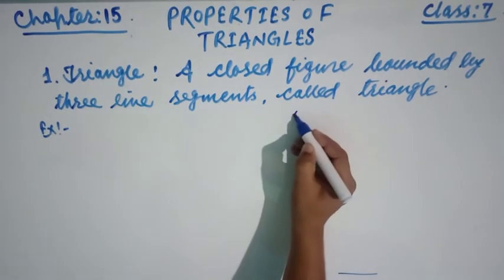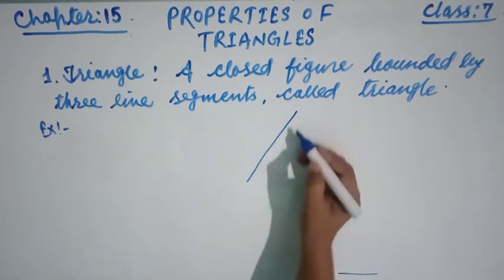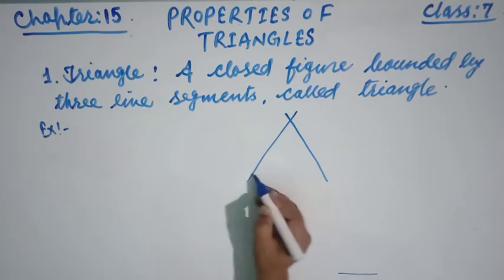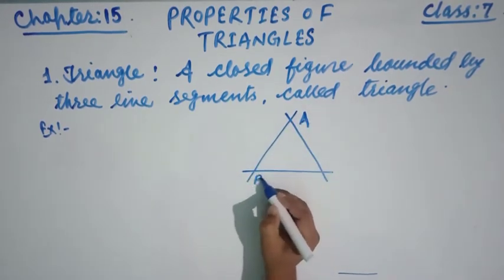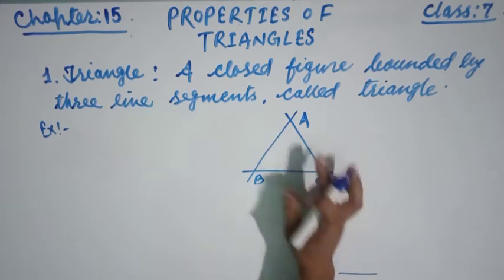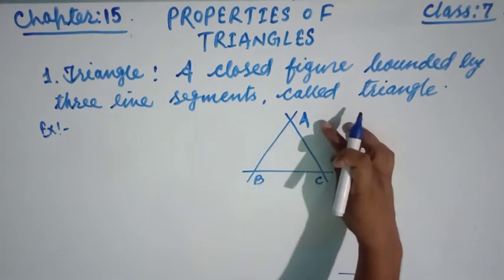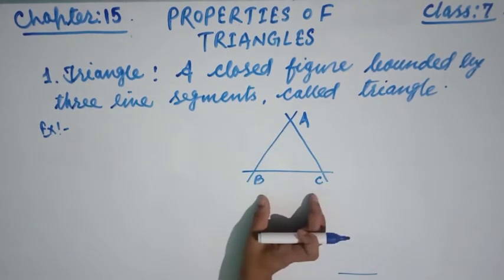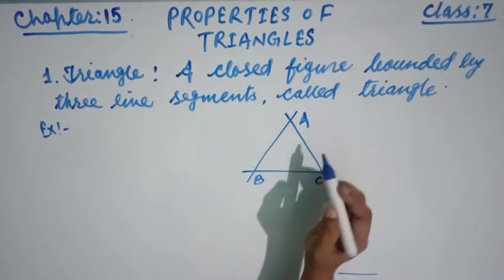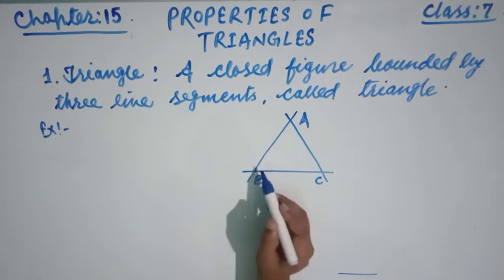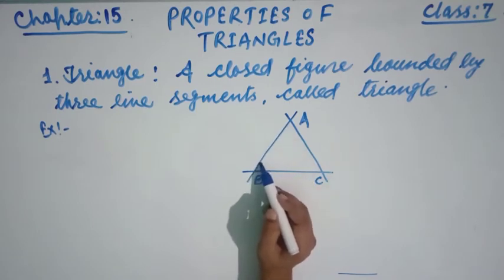Look at the figure, this is one line segment, two line segment, and this is three line segment. Now name them: this is A, B and C. AB is one line segment, AC is another, and BC is another line segment. Means a closed figure bounded by three line segments. And this figure is closed, so there is no gap between any points.